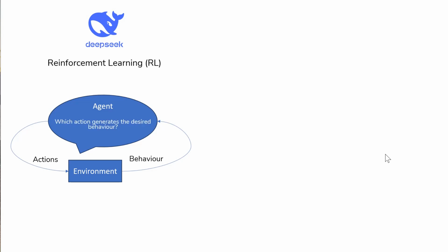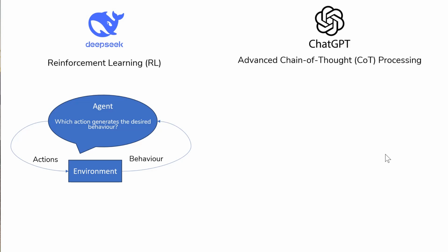On the other side, ChatGPT uses the advanced chain of thought, or COT, processing method. Imagine you're teaching a friend a new recipe. You wouldn't just tell them the name of the final dish and what it looks like. You would walk them through each step, from gathering ingredients to mixing and baking.